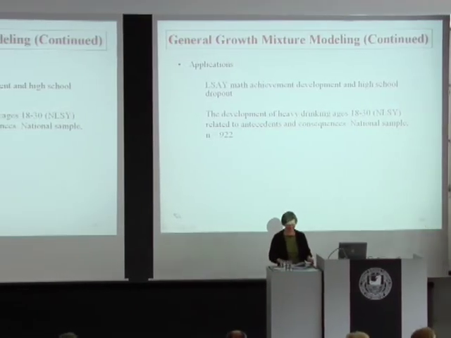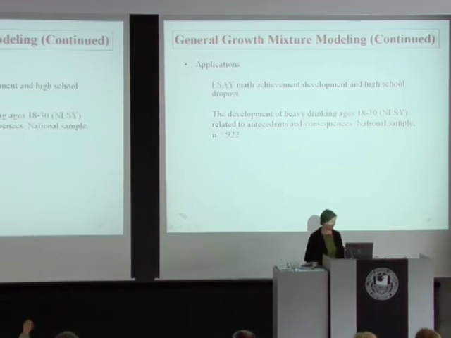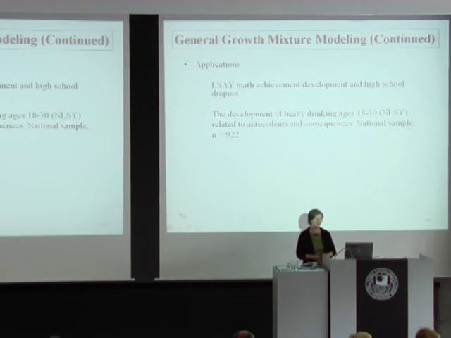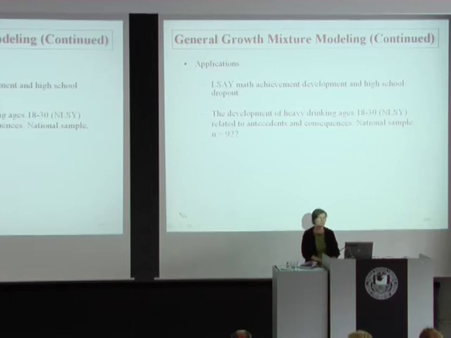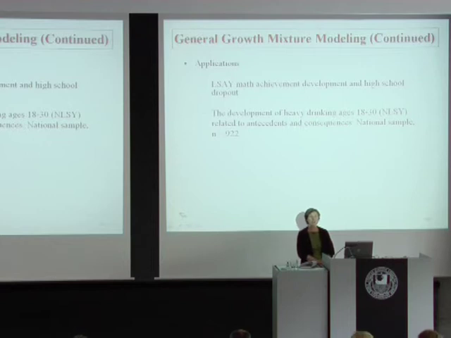Well, I don't know about that, but anyway, we're going to look now at 2 growth mixture models, general growth mixture models. One using the LSA data that we've looked at earlier, with a distal outcome of high school dropout.